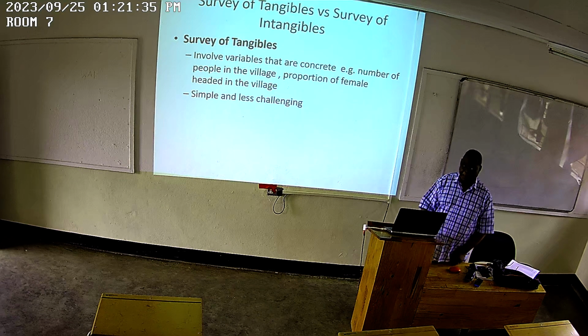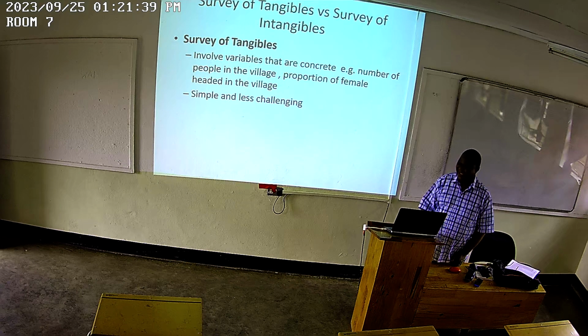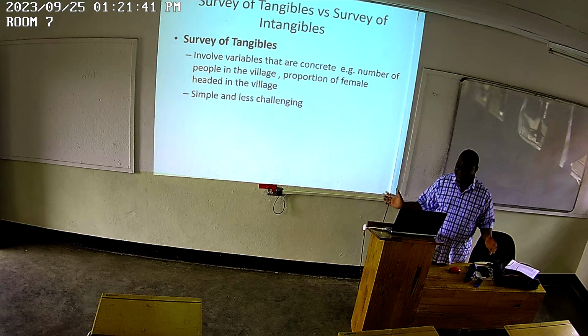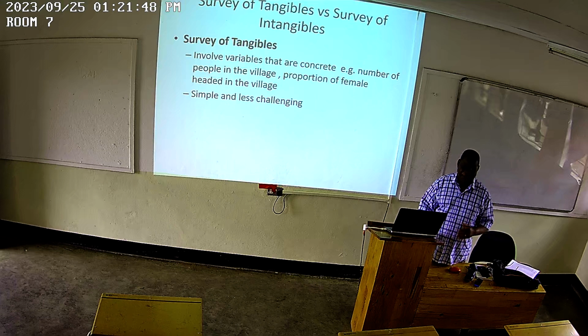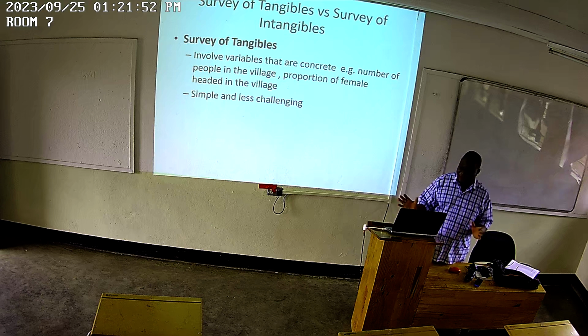For example, if you are measuring age, you don't expect so much confusion among people. As long as they understand the meaning of age, they know I am 50 years old, I'm 20 years old, I'm 16 years old, and so on and so forth.